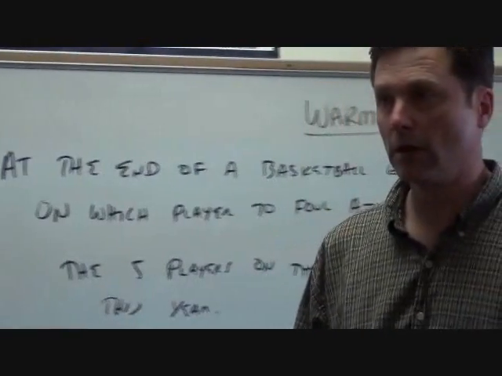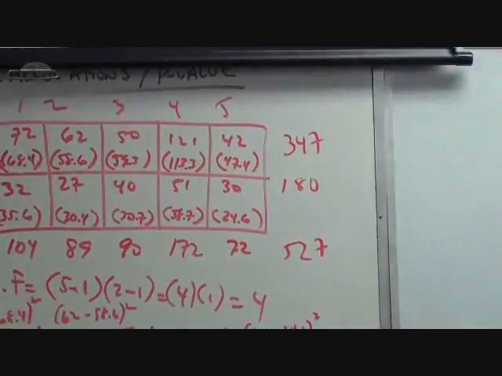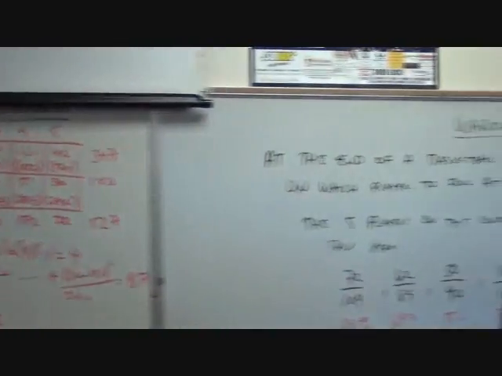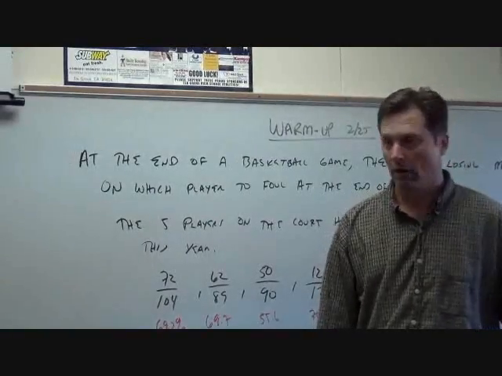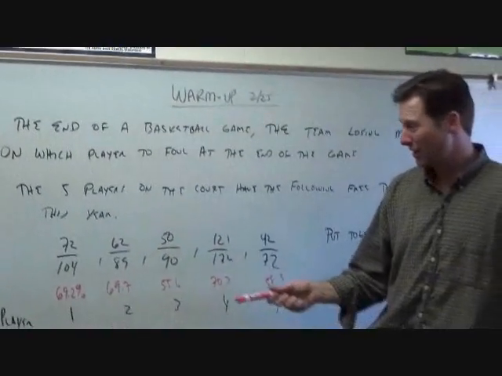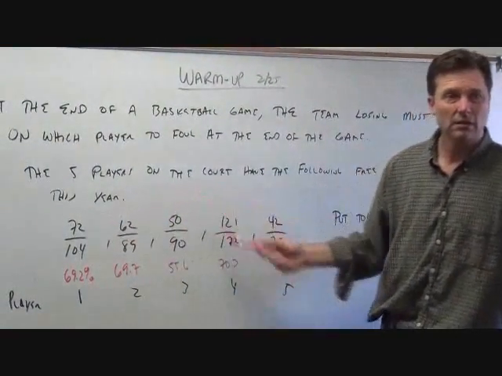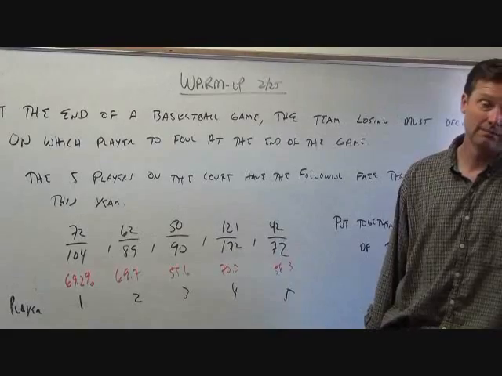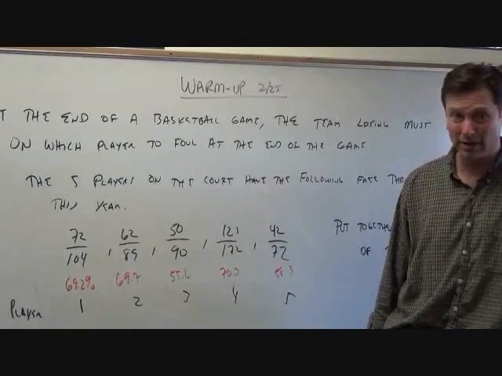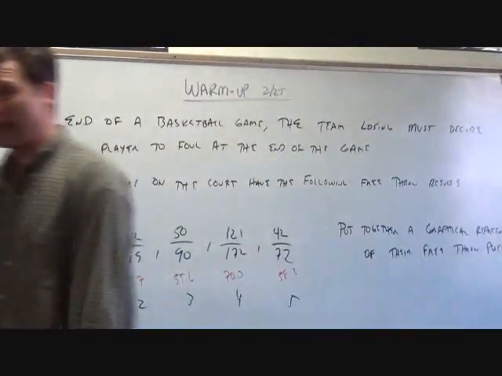Okay, deep breath. What does this mean? Assuming that all of these free throw shooters have the same lifetime percentage, there's between a 5 and 10% chance of getting a distribution like this. Unlikely, certainly not impossible, right? It's going to come down to how we set the alpha level.